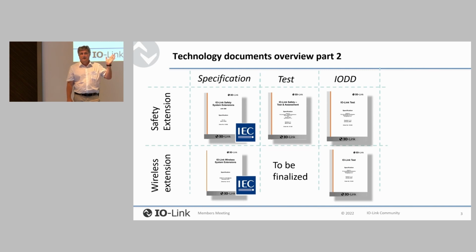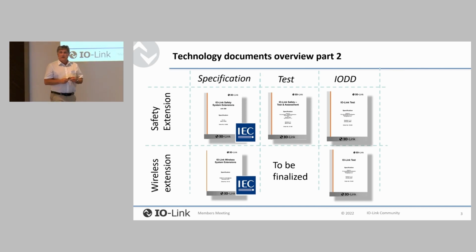So with the safety extension of IO-Link, we expect that at the beginning of July, we will be an internationally published standard. And that is a really great achievement. Not only an IO-Link standard, it's a worldwide standard. And wireless is also on its way to becoming an IEC standard. There are some steps before, but we are also on a good approach. The only thing we are lacking today is that the test specification is not ready. It's nearly ready, but it's not ready, and in this case, it's not published.